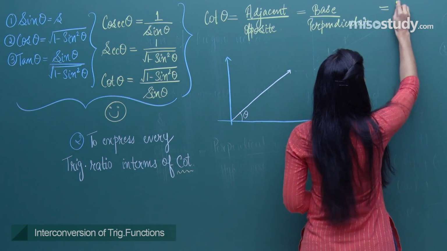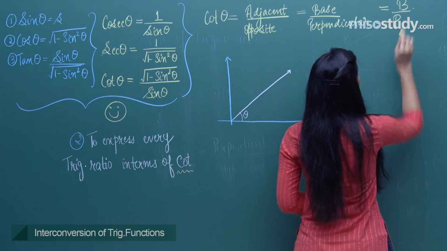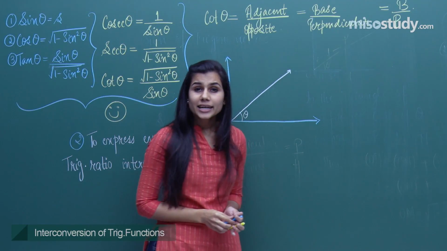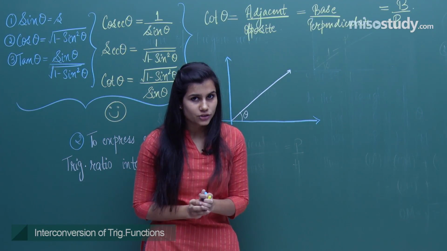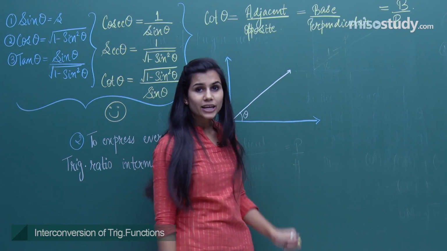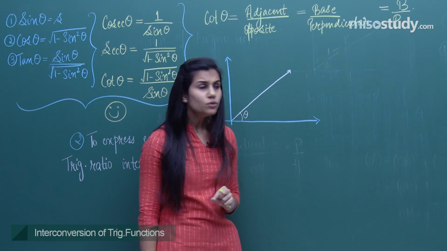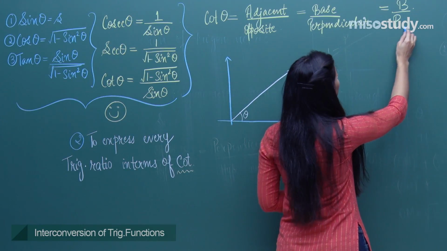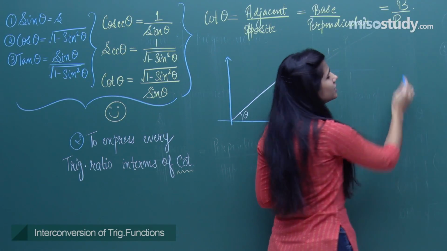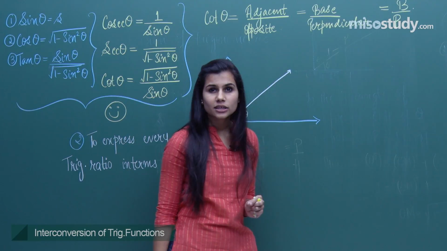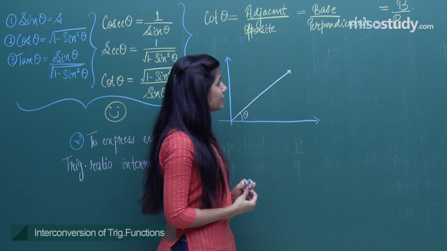This I just write as B upon P. Again, use the same strategy. I don't want my cot function to come as a fractional value. So what do I do? I make my perpendicular, which is the denominator, equal to 1.